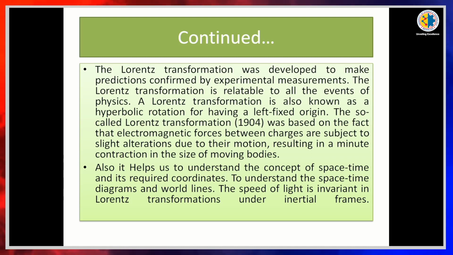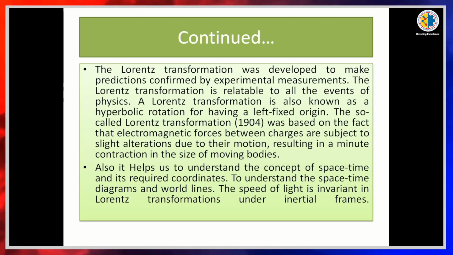The Lorentz transformation was developed to make predictions confirmed by experimental measurements. The Lorentz transformation is applicable to all events of physics. A Lorentz transformation is also known as a hyperbolic rotation, having a fixed origin. The Lorentz transformation of 1904 was based on the fact that electromagnetic forces between charges are subject to slight alteration due to their motion, resulting in a minute contraction in the size of moving bodies.